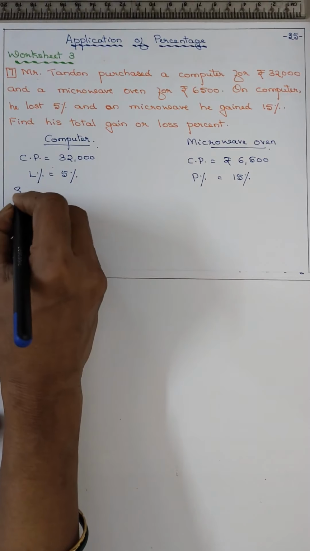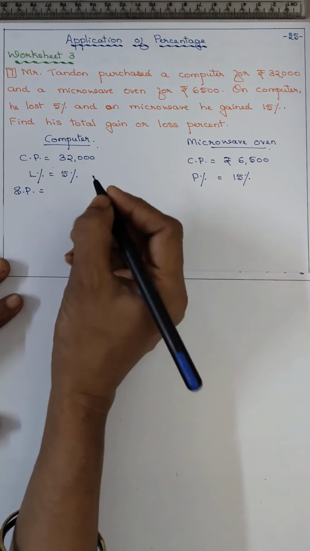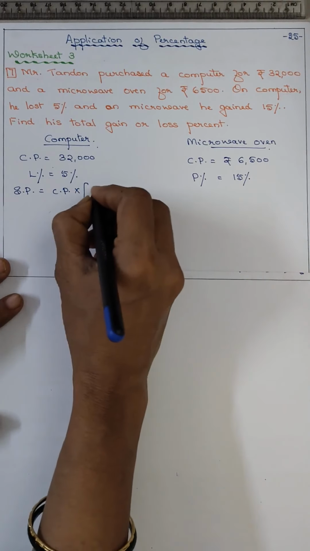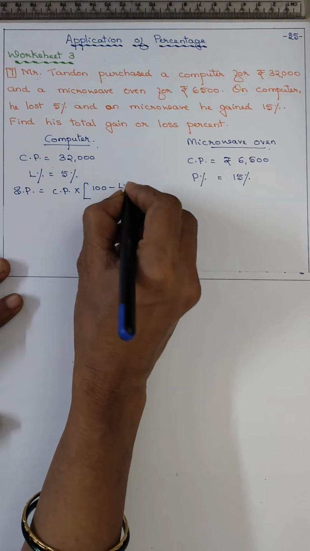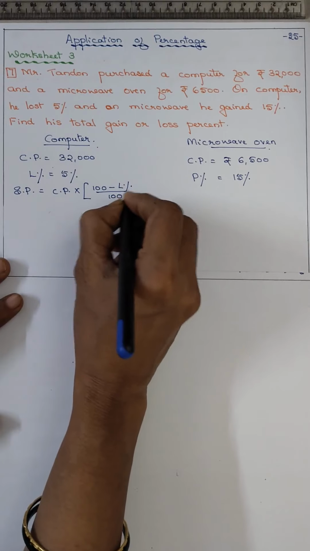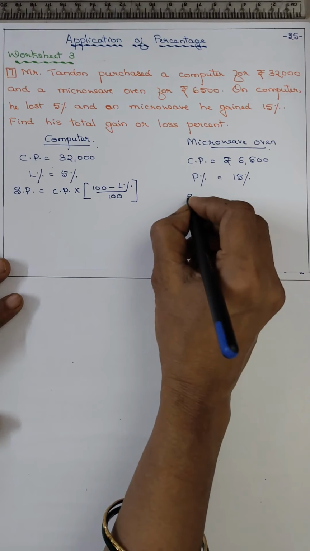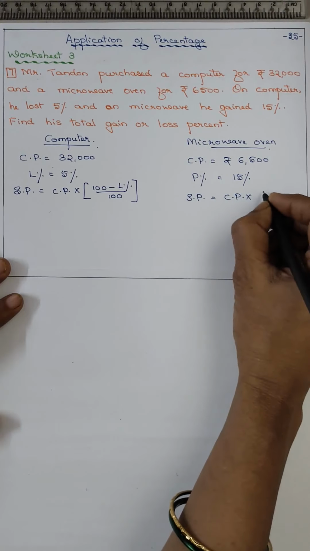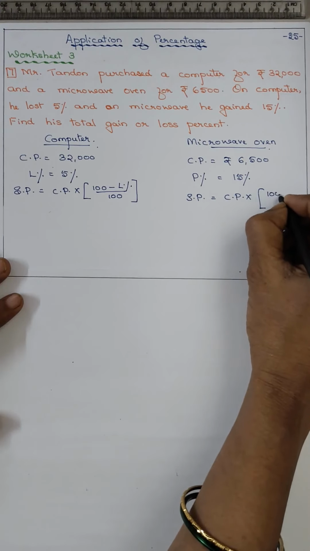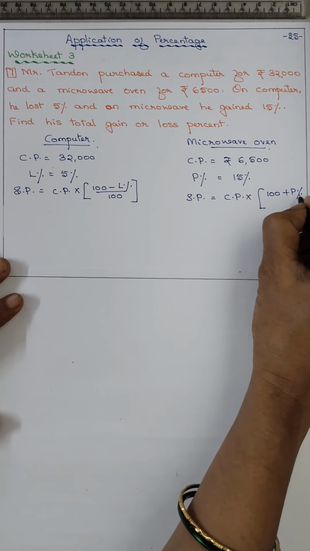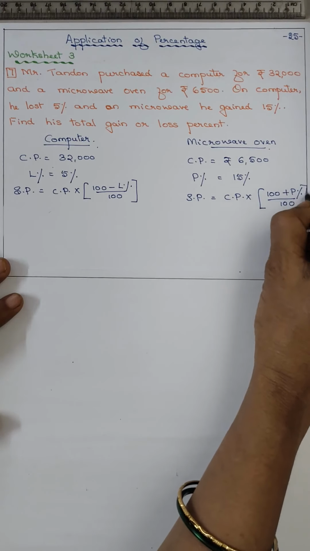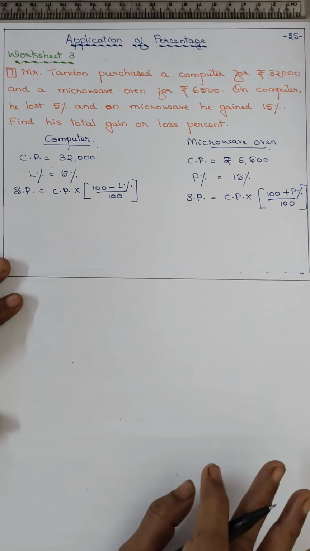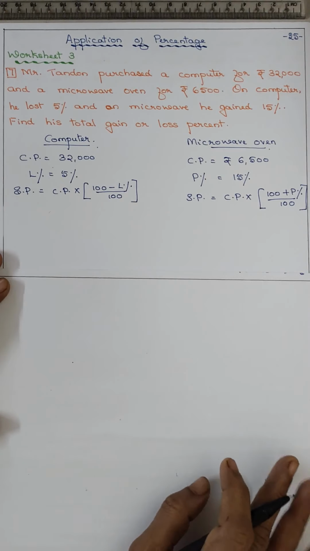So put the formula SP is equal to CP into 100 minus loss percent upon 100, and here it will be SP is equal to CP into 100 plus profit percent upon 100. So first only write the values and then put the formula and keep.